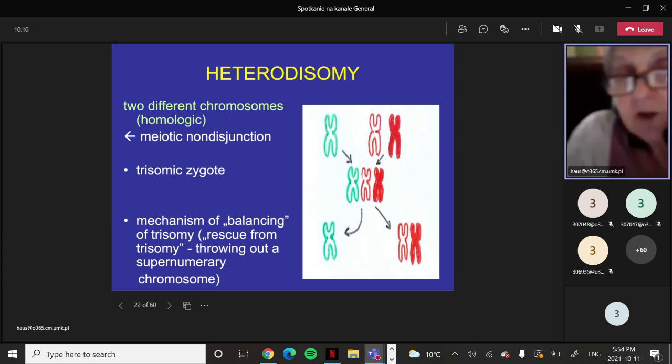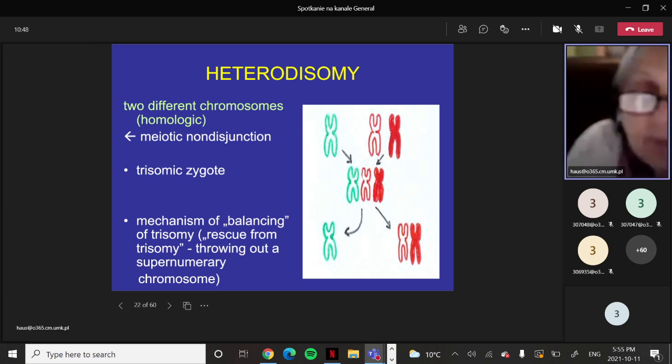Even children trisomic for chromosome 21 are not born from every trisomic zygote. Most zygotes which are trisomic for chromosome 21 die during the first days of their development. Okay? So it's better for a zygote not to be trisomic.